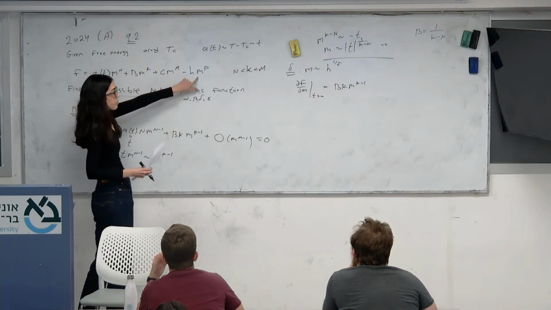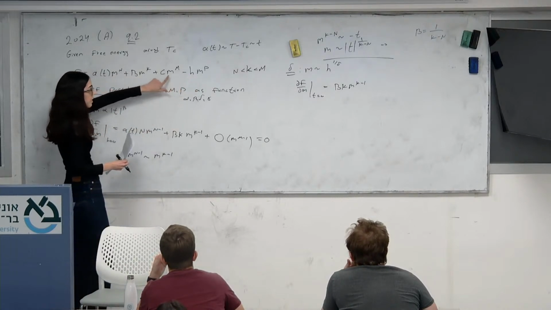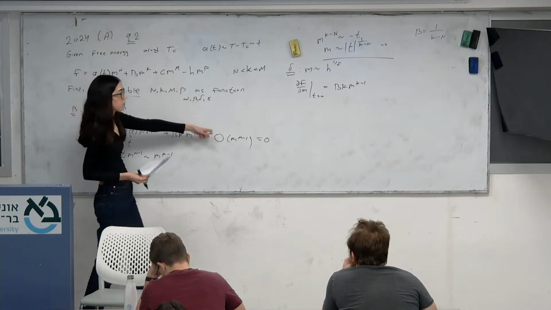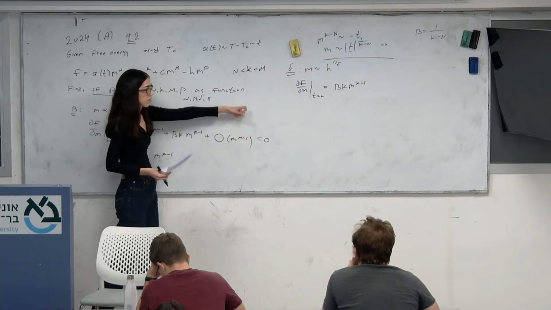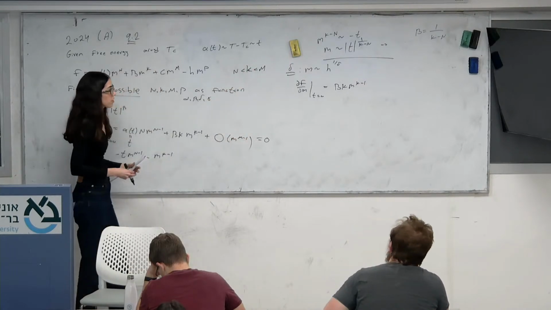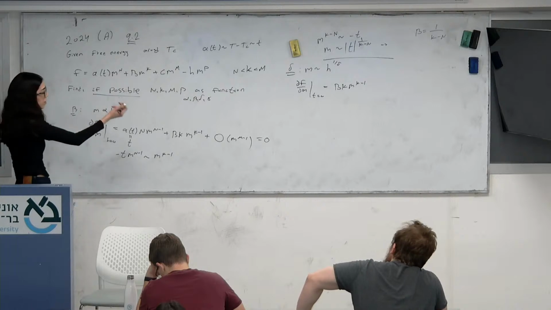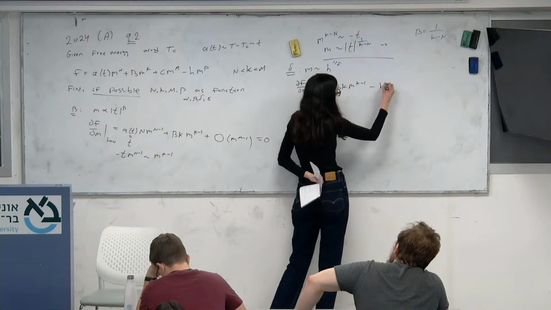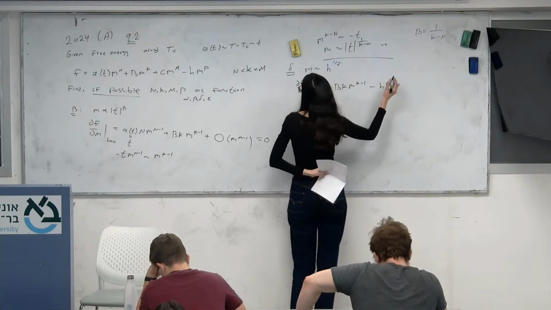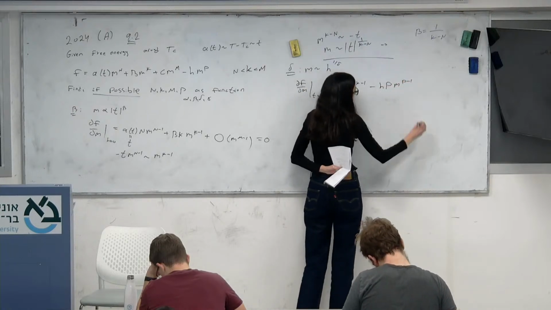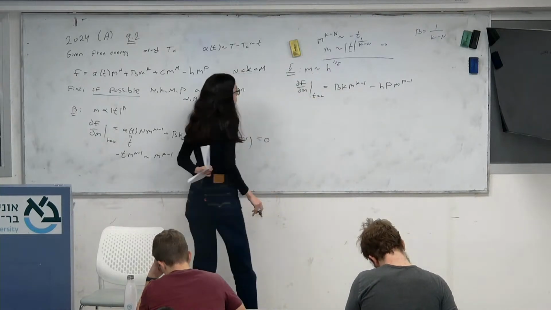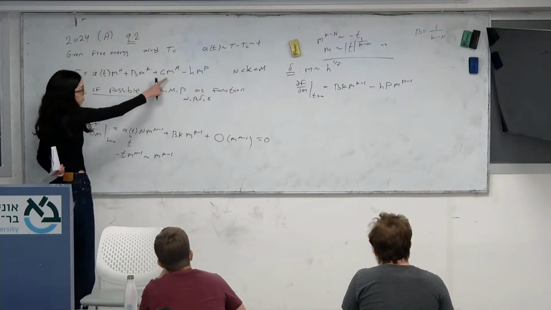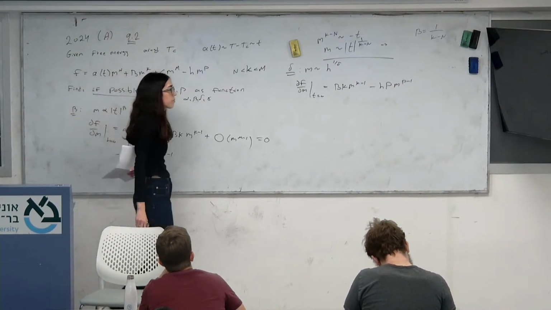So this is going to give me another order with m, and then again this expression is going to give me higher orders of magnetization, which, because we take m to 0, I can again ignore. So what I'm going to be left with is h, p, m^(p-1). You can already start to see that we're going to have a problem with that parameter.